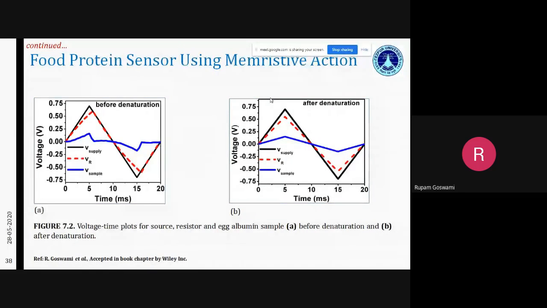So we filtered out the proteins, and after denaturation, we found that when all the protein was gone, we found straight lines. So you can have a hysteresis only when your time varying waveform has different voltage points at different instances of time. So in the figure 7.2a, you can see, say for example, I take up an increasing part of my slope here.